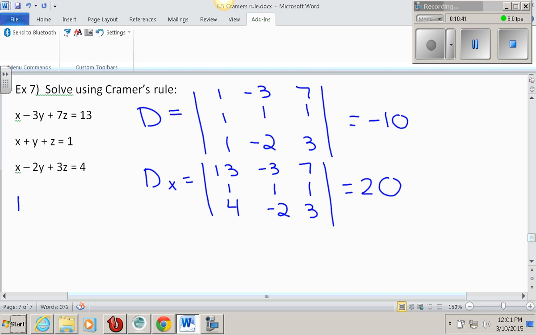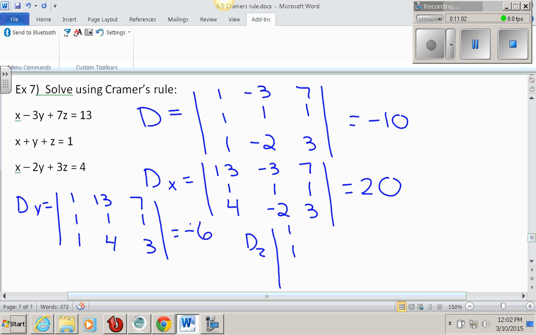Then for y, you've got your x values, your constant values, and then your z values. We get negative 6. And again, you're just putting these in your calculator. That's why I'm going fast with them. And then for z, your x, your y, and your constant.